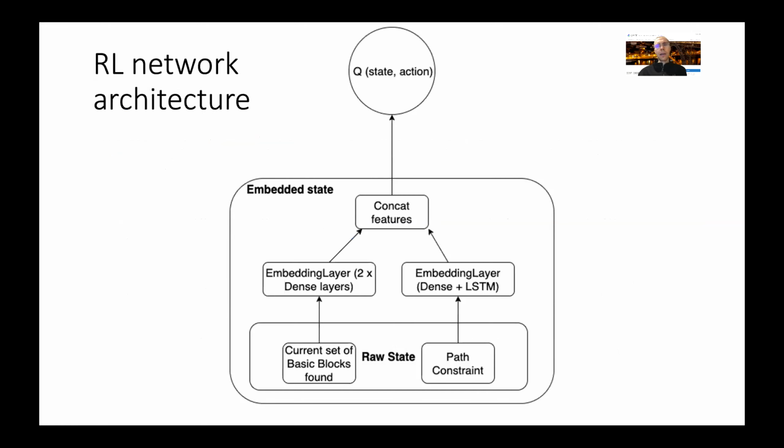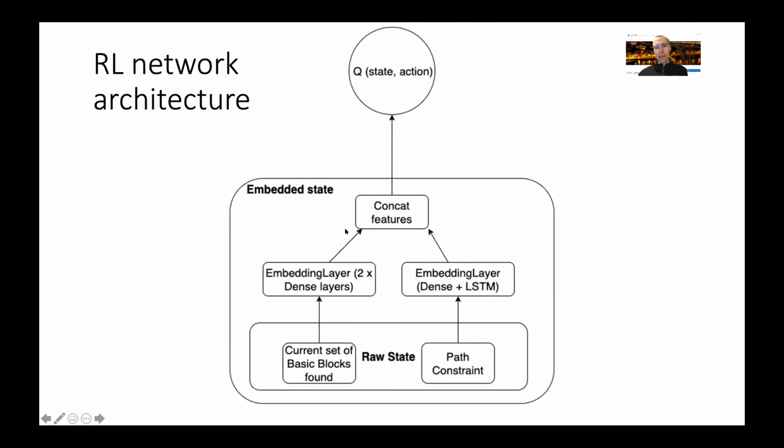So this is the network architecture, where what we do is to consider this state, the current path constraint that we obtained from symbolically evaluating the program. This is the current set of basic blocks that we found so far. We have some embedding layers using these. Here we use dense and an LSTM layer. Then we have a series of 2 dense layers.